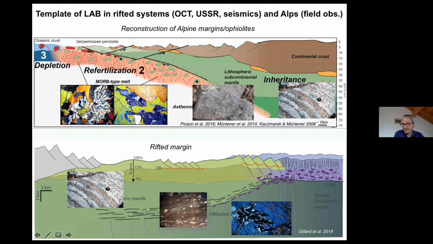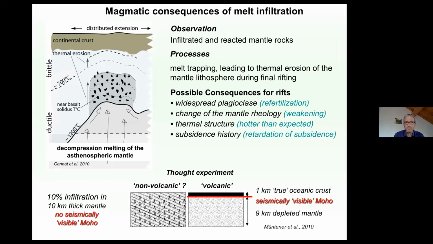And usually this area is separated by a more or less wide shear zone, which is indicated here by highly deformed peridotites. And this could be mapped as the lithosphere-asthenosphere boundary in an evolving rift on the alpine side or on the lower figure on an active margin, on a passive margin, sorry.